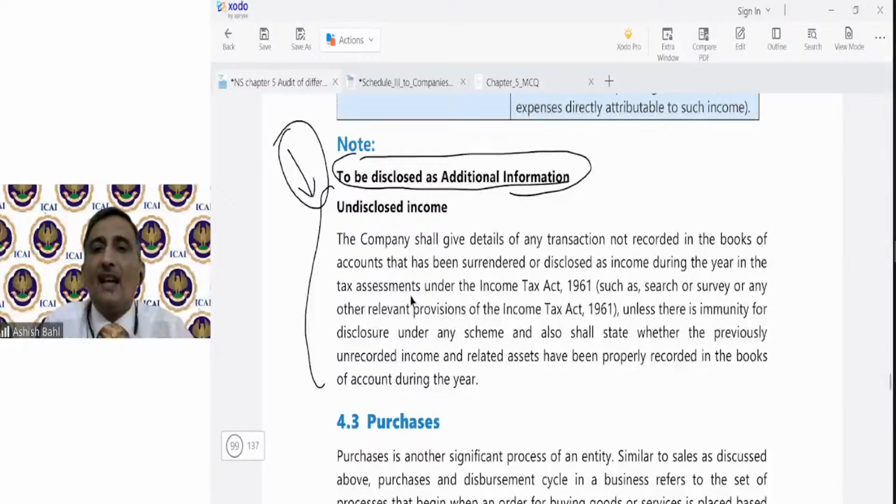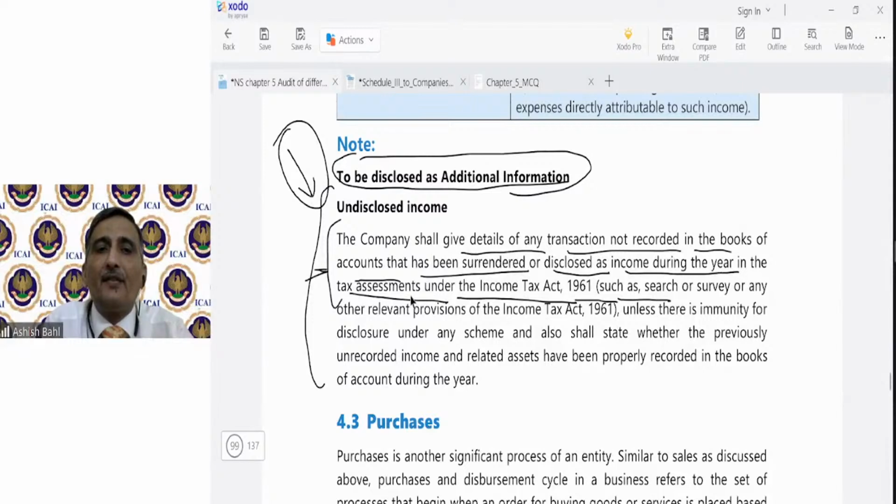So the company shall give details of any transactions not recorded in books of accounts that have been surrendered or disclosed as income during the year in the tax assessments under the Income Tax Act.